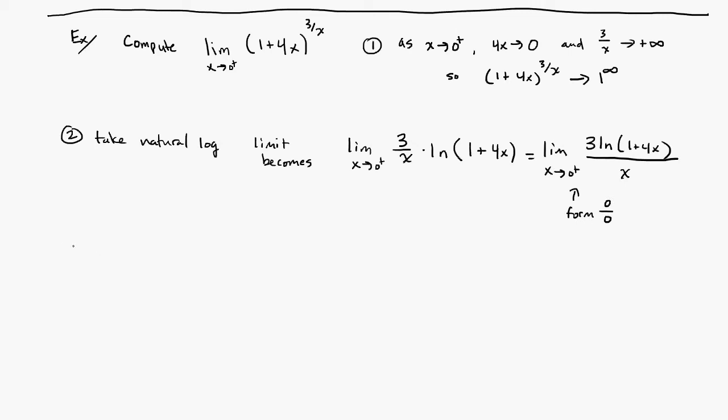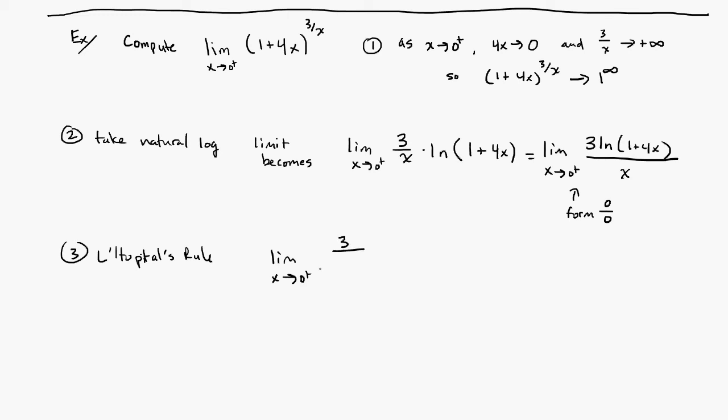So we can apply L'Hopital's rule. This becomes the limit as x goes to 0. Taking the derivative of the numerator, we have to apply the chain rule.